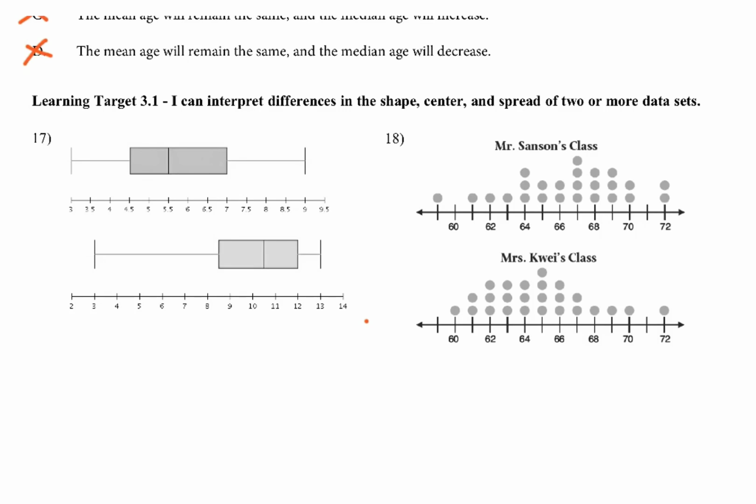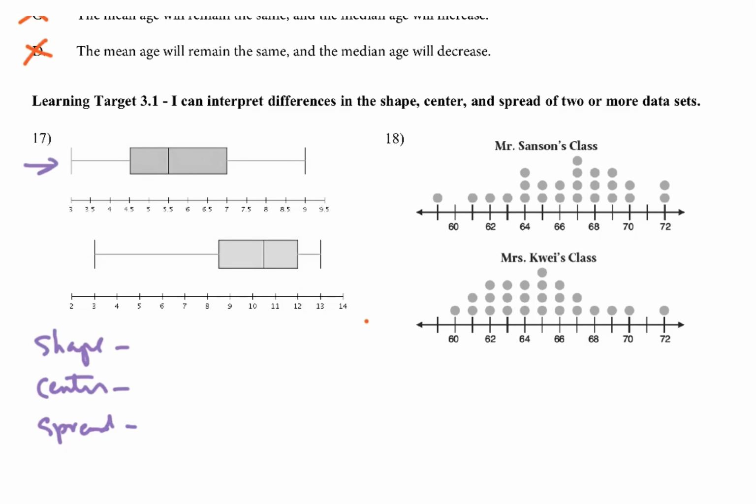we're going to look, first of all, and see if we think something looks skewed, okay? If I look at the top one here on 17, because, right, we have the shape, the center, and the spread, okay? So the shape, we want to see if it's unimodal, bimodal. With the box and whisker, we can't really tell the modes, but we can tell if it's going to be skewed.